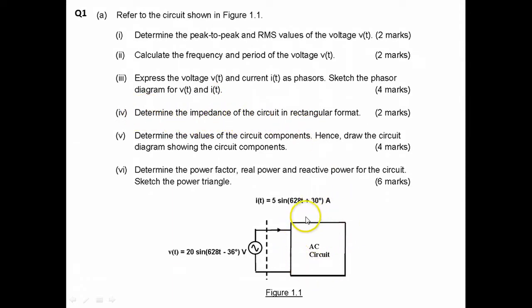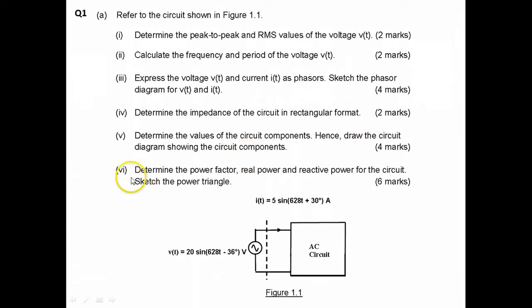The whole circuit is shown here. It wants us to determine the impedance. Part 5 wants us to determine the values of the circuit components in this AC circuit, which give us the impedance that we calculate in part 4. And we are required to draw the circuit diagram showing the circuit components.